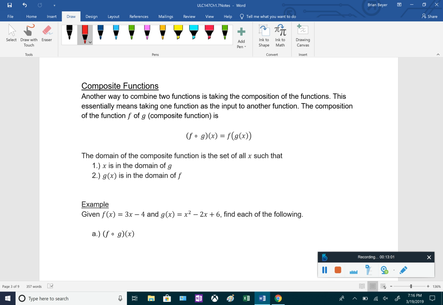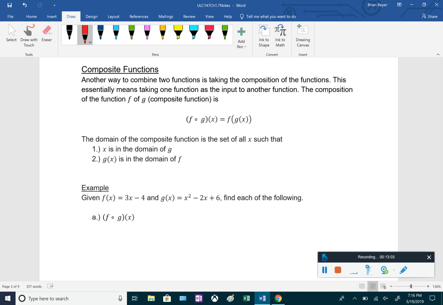Okay, so those are things that we've pretty much done a lot of already with the sum, the difference, product, and quotient. So the next thing should be relatively new. So it's composite functions. So this is going to be another way to combine two functions. What this kind of means is that it's taking one function as the input to another function.